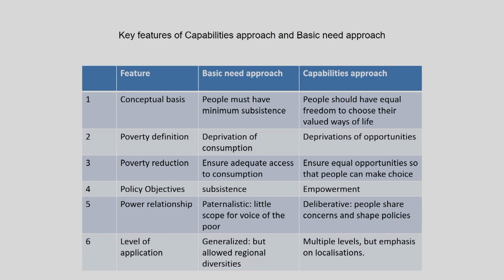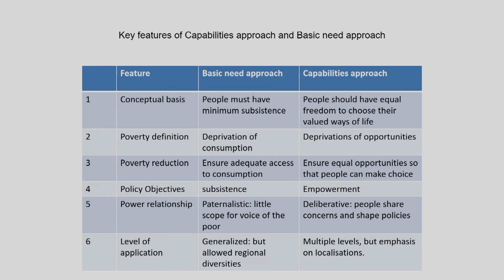In terms of the feature of poverty reduction, the basic needs approach ensures adequate access to consumption, whereas the capabilities approach ensures equal opportunities so that people can make choices. In terms of policy objectives, the basic needs approach is focusing on subsistence, and therefore it is a more targeted approach.